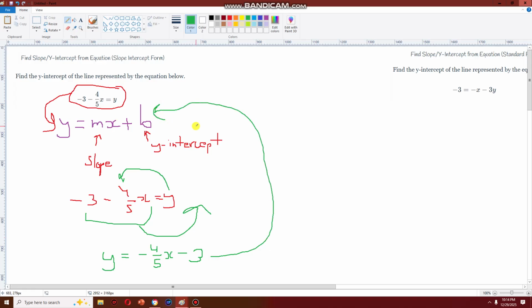And now I know what my y-intercept is. My y-intercept is minus 3. And of course, if somebody asks you what is your slope, the slope is minus 4 over 5. All I did was flip the equation around and turn it into a y equals mx plus b kind of equation. And there we go, that's my answer. The y-intercept is minus 3.